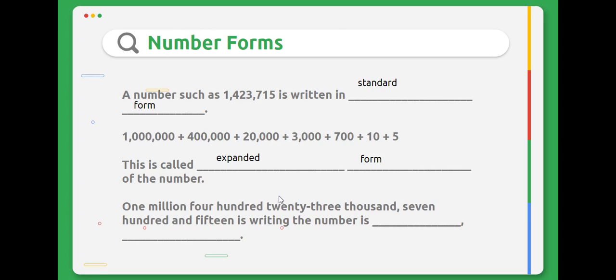And 1,423,715 written in words is word form. Okay, it's very important that you understand these 3 number forms. So remember, standard form is putting it in numbers. Expanded form is pulling each one and showing each number's value in an addition statement. And then word form is obviously just what it says, words.